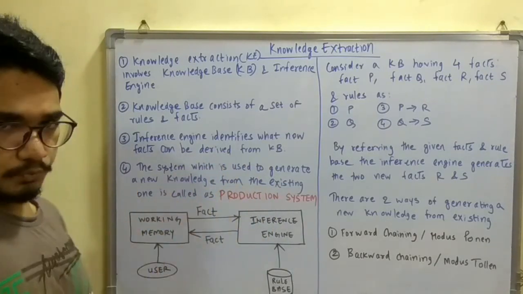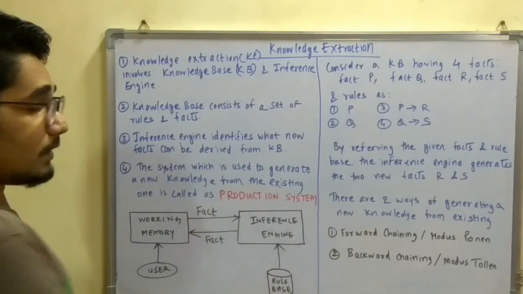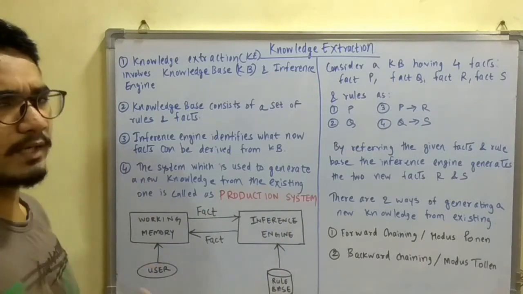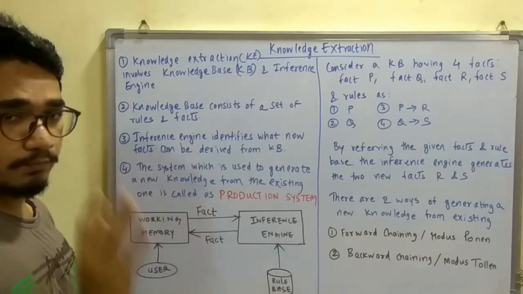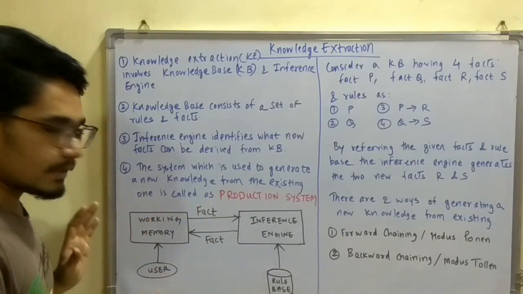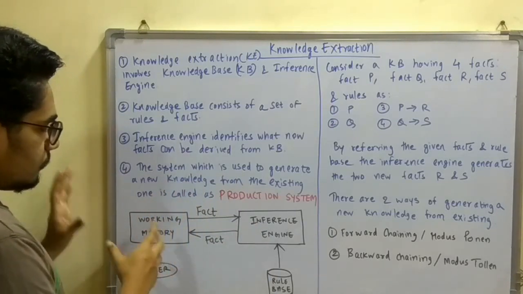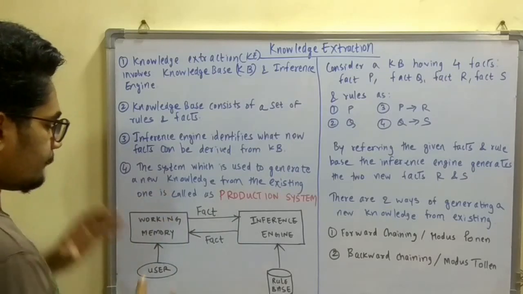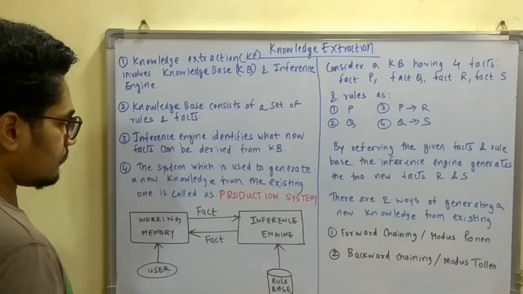The system which is used to generate new knowledge from the existing one is called a production system. So this is what you see as a generalized or conceptual architecture of a production system, which consists of a working memory. Some inputs or outputs go into this memory, and the user is giving those inputs and outputs.